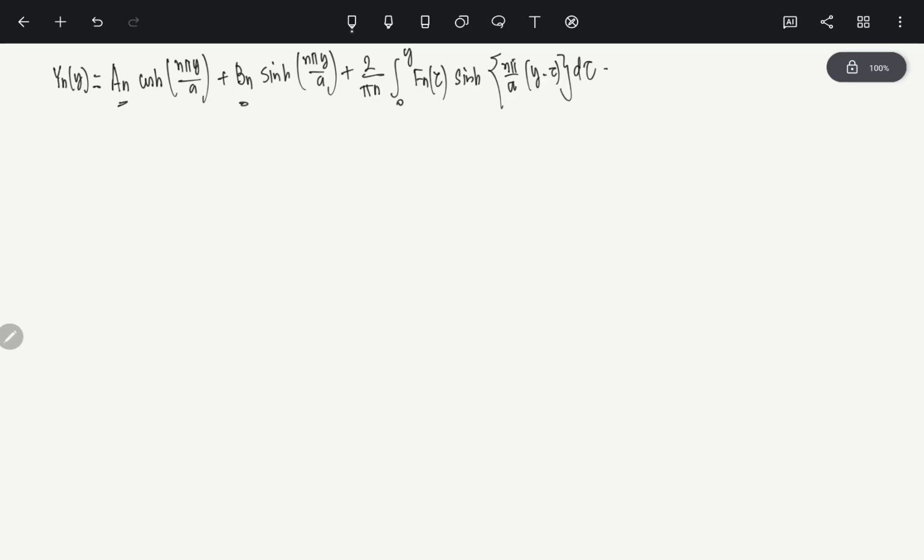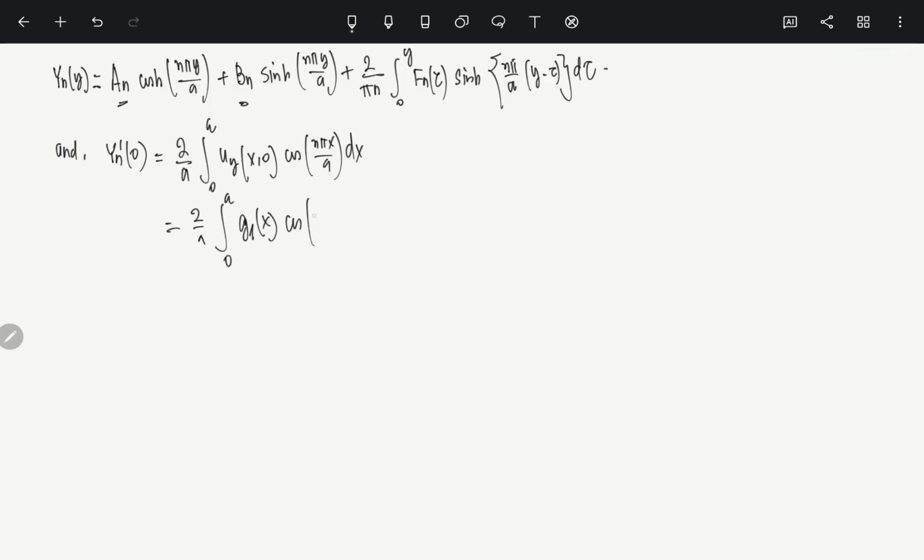The a_ns and b_ns are found like this. You see, y_n prime of 0 is nothing but 2 by a, integral from 0 to a of u_y with respect to x at 0, times cos(n pi x by a) dx, which is 2 by a integral from 0 to a of g1(x) cos(n pi x by a) dx.